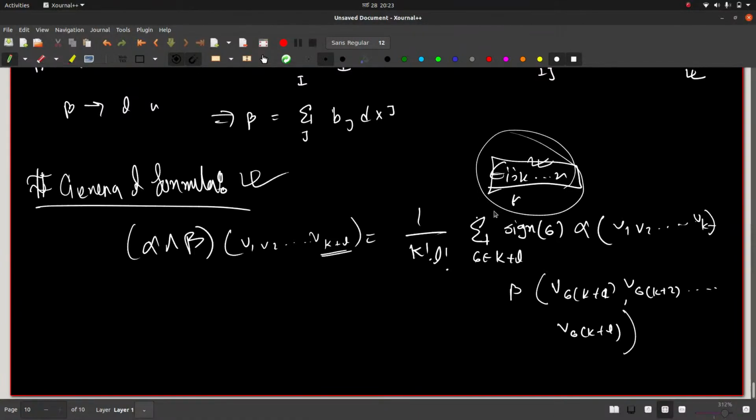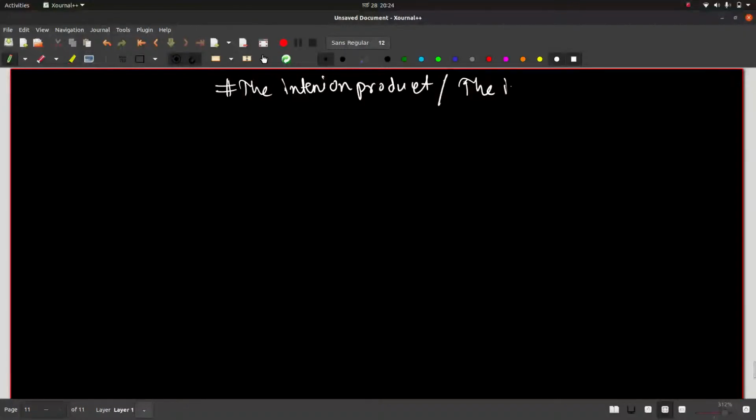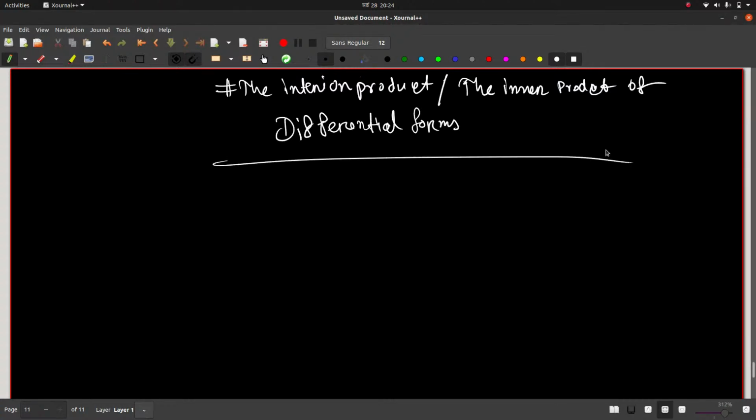And now to move on to the interior product. This is the last thing for today, the interior product or the inner product of differential forms. So what do we mean by the interior product or the inner product?